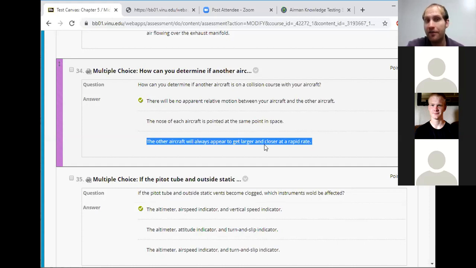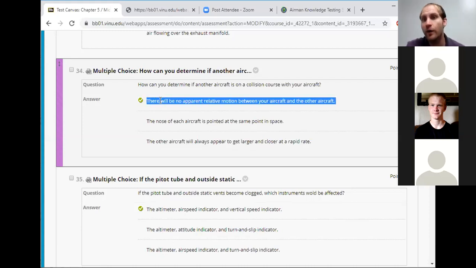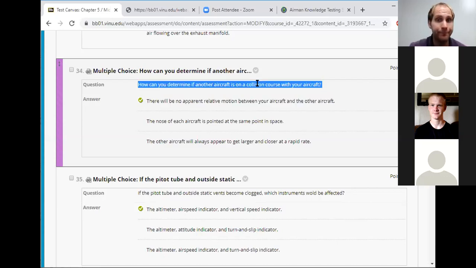But if it's getting larger at such a rapid rate, you'd hate to think it's too late. So the bigger thing that you need to be watching for is answer choice A. There is no apparent relative motion between you and the other aircraft. If that aircraft seems to wander left, right, up, or down, that is relative motion. But if you see that same dot on the windscreen and it doesn't move and stays in the exact same spot, chances are it could be on a collision course with you.